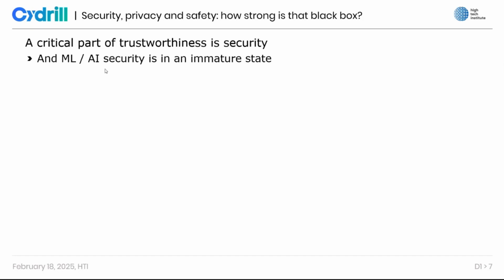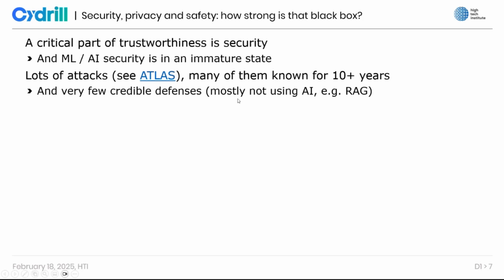But we should mention that the underlying technologies, machine learning and AI security, are in an immature state. There are many attacks that have been demonstrated against these models, these kinds of artificial intelligence technologies. Some of them are known for a decade or more, and the defenses are not as advanced as the attacks.